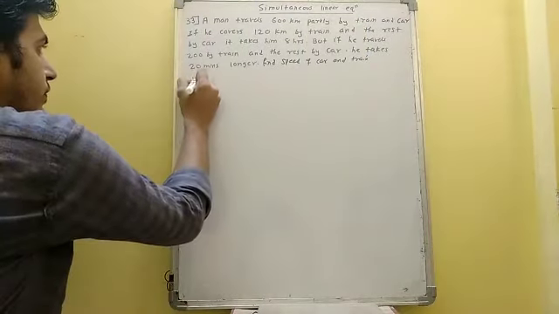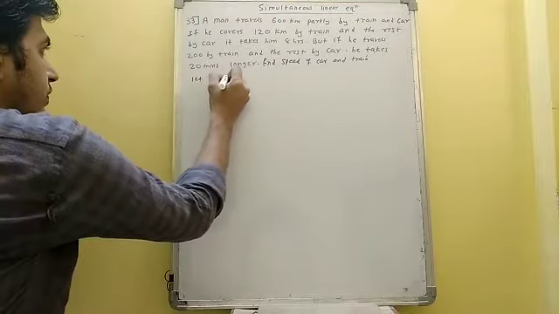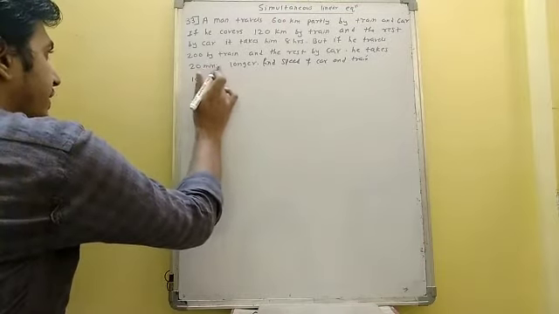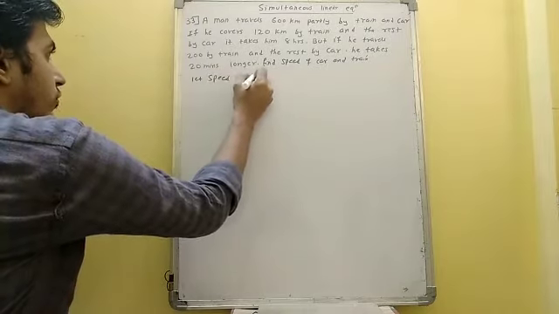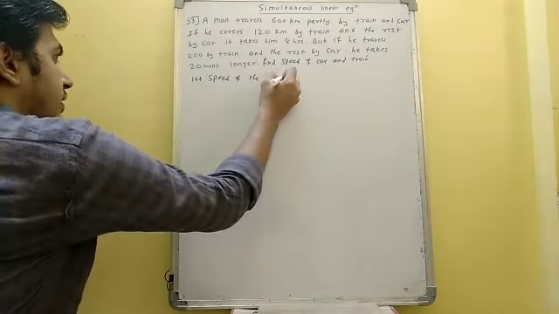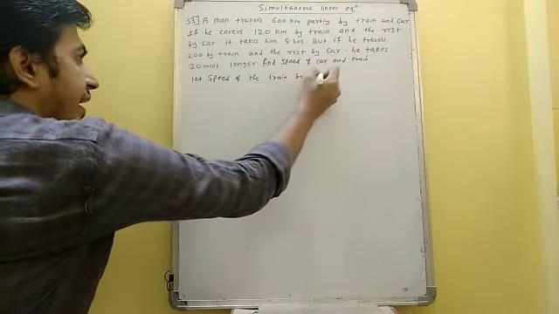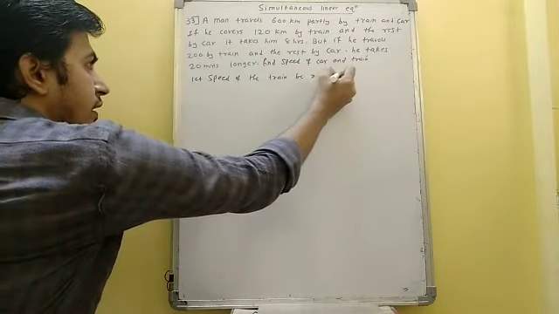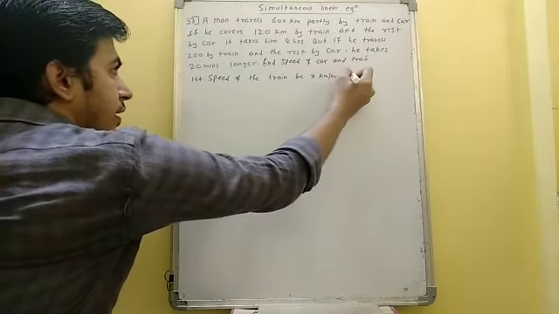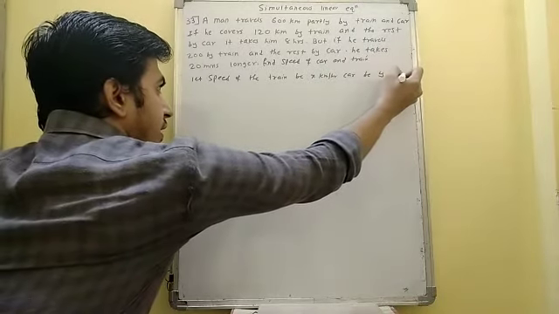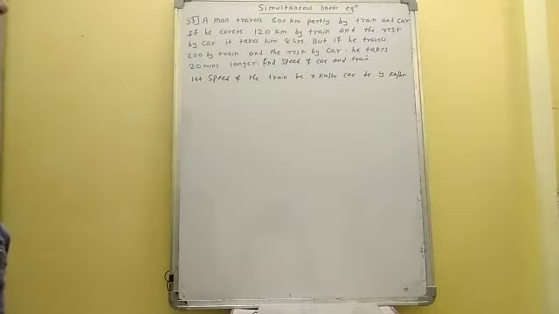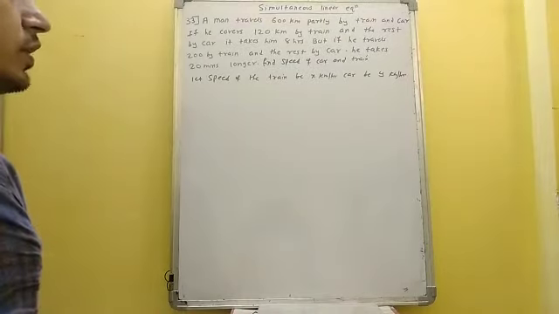So let the speed of the train be x kilometers per hour and the car be y kilometers per hour. Speed of the train be x kilometers per hour, speed of the car be y kilometers per hour.